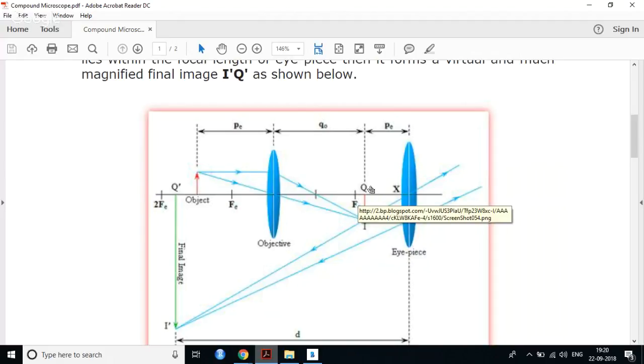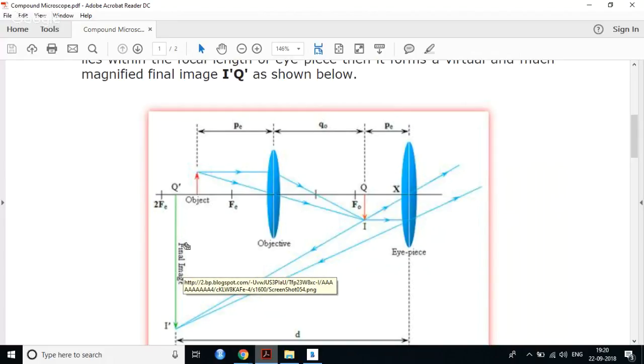As the distance of the object from the eyepiece is less than the focal length, the image formed would be virtual, highly magnified and on the left hand side. So this is the final image which is formed, virtual and highly magnified.